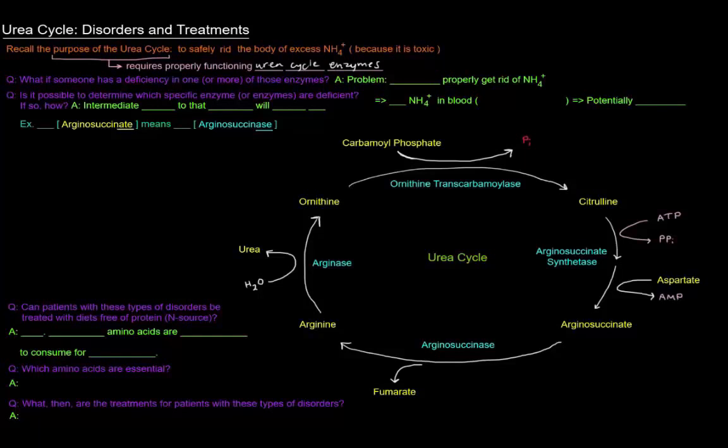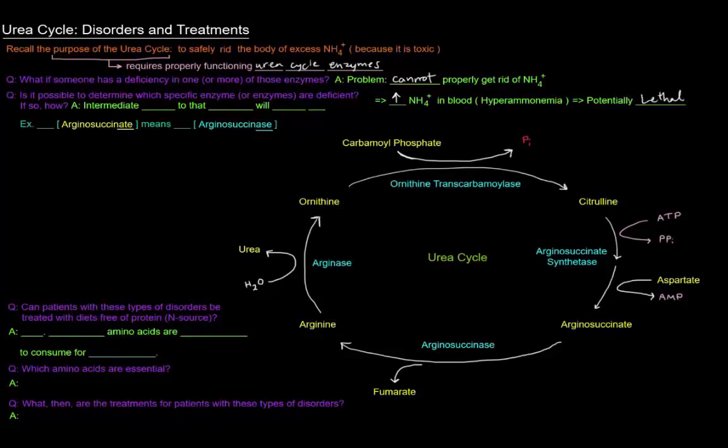So, what if someone has a deficiency in one or more of those enzymes? Well, that's a problem because that person cannot properly get rid of ammonium ion. And that would mean there would be an increase in the concentration of NH4+ in the blood, which is called hyperammonemia, which is really, really bad and dangerous, and potentially lethal.